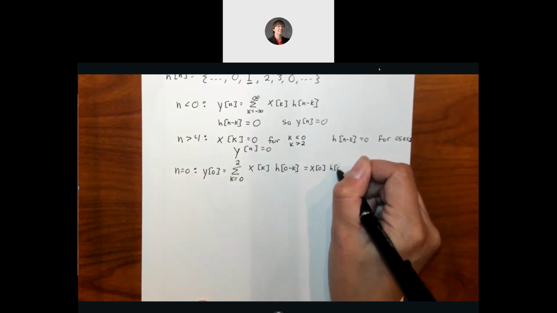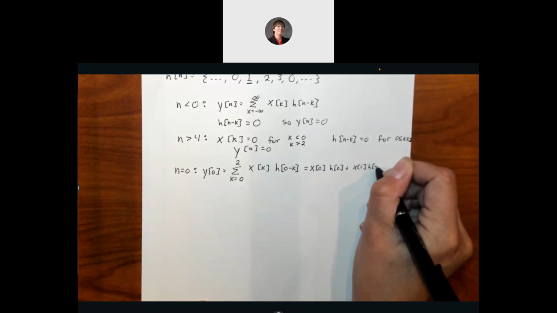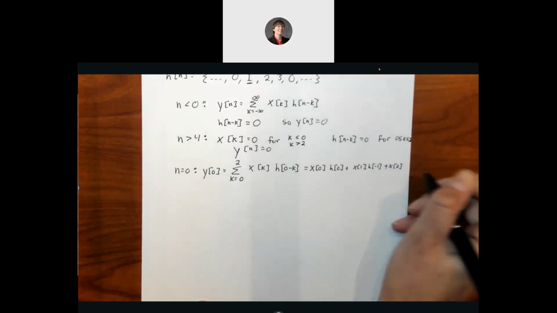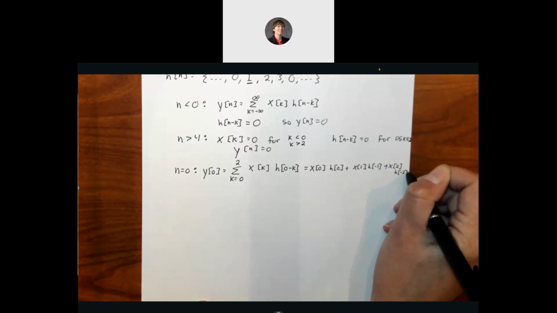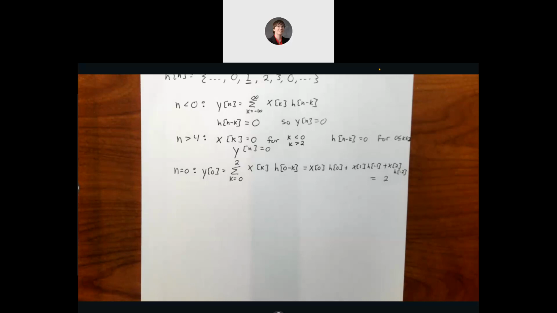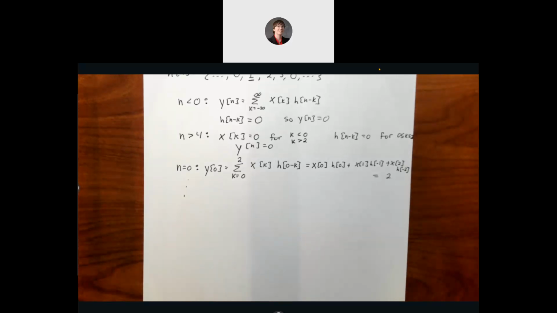And so you'd have all your different values of k. Substitute all those numbers, do some algebra, right? And so you can continue this on and figure out what the values are for each of those n's.